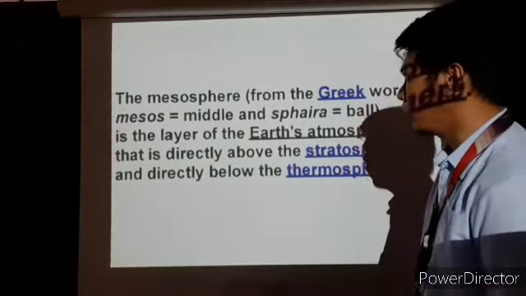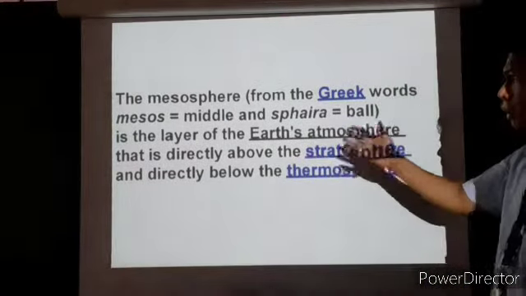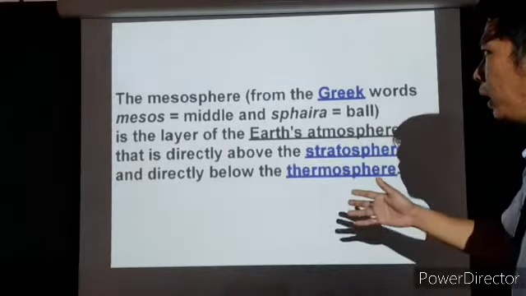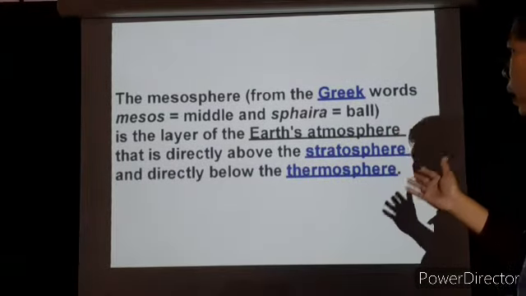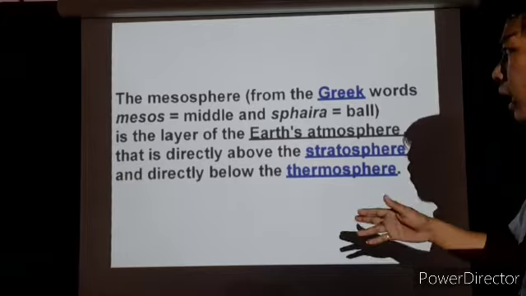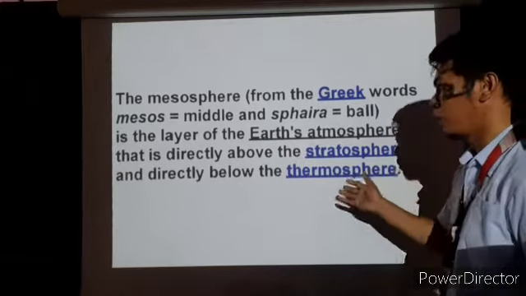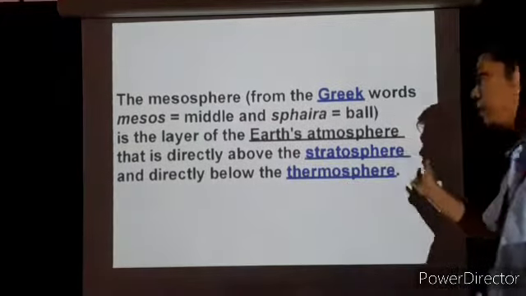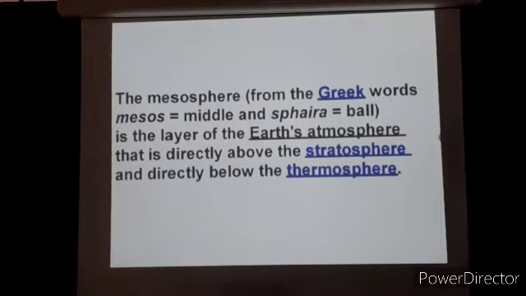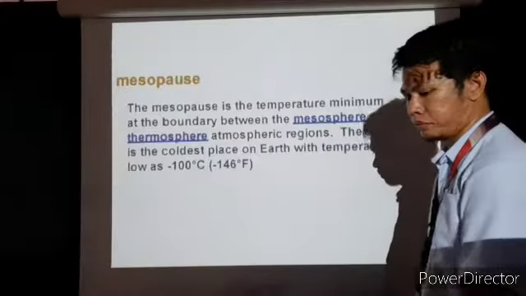Mesosphere comes from the Greek word mesos, meaning middle, and spira, meaning ball. It is a layer of the Earth's atmosphere directly above the stratosphere and directly below the thermosphere.